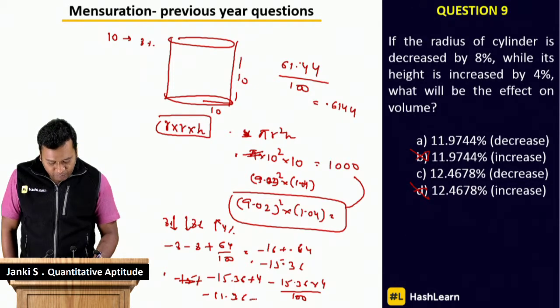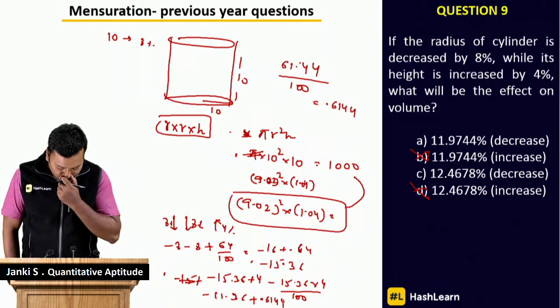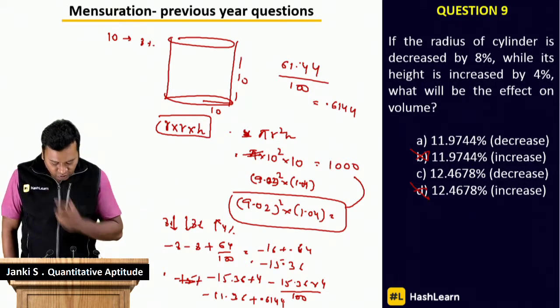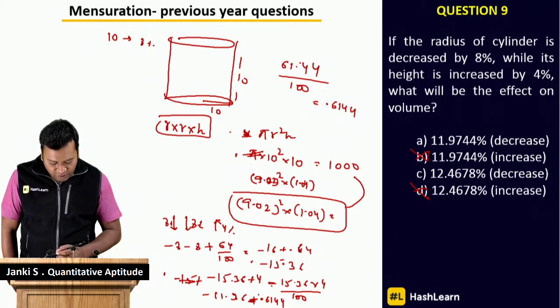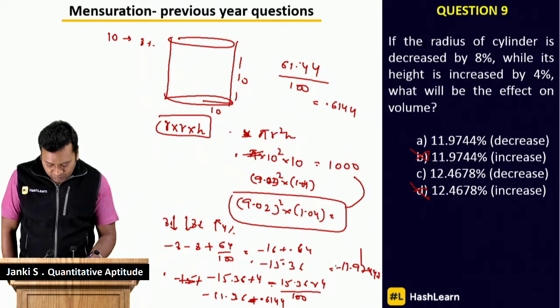So I'll be adding 0.6144 to this one. Sorry, I'll subtract. It's a negative sign available here. So it's 11.9744% will be the value.